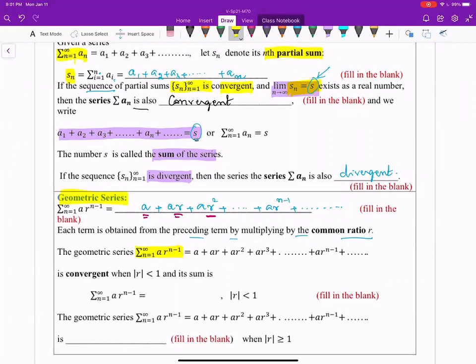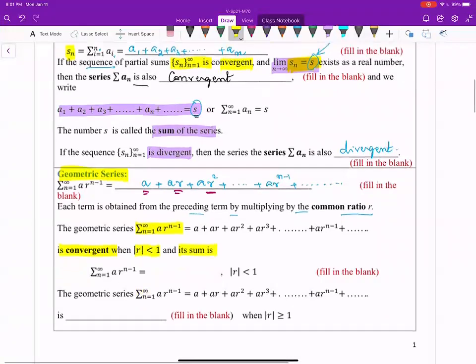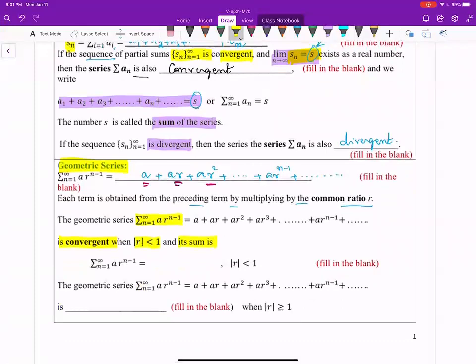The nth term is ar to the power n minus 1. The series is convergent whenever the absolute value of the common ratio is less than 1, and its sum is given by sigma ar to the power n minus 1 equal to the starting term divided by 1 minus the common ratio, provided the absolute value of the common ratio is less than 1.